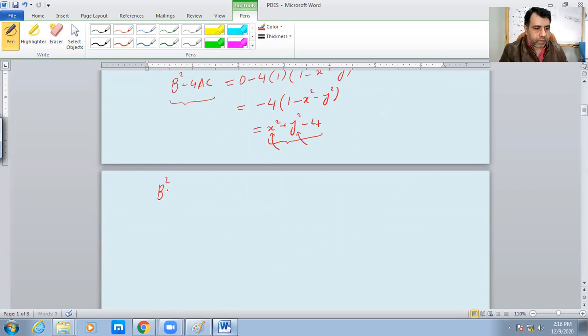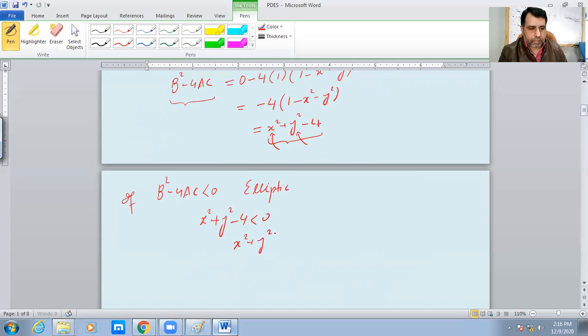So if b square minus 4ac is negative, we say the equation is elliptic. Now we compute where it is positive or negative. If x square plus y square minus 4 is negative, then x square plus y square is less than 4. So in all portions of the domain where this inequality holds, the equation would act as an elliptic partial differential equation.